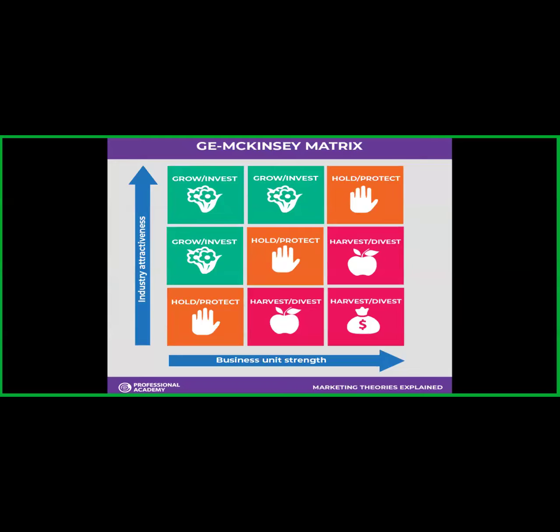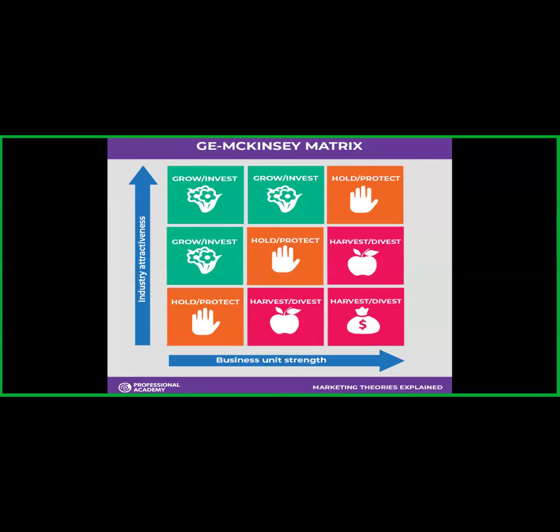Now, this particular McKinsey matrix, as we had discussed, had four quadrants: star, dog, question mark, and cash cow. Similarly, here in the GE matrix, you can see nine cells, or nine quadrants.